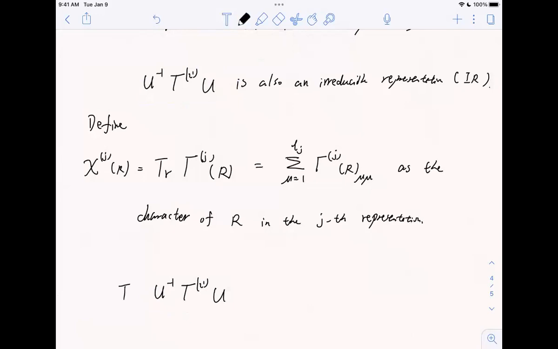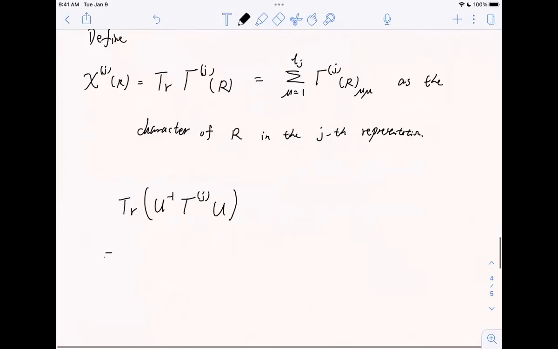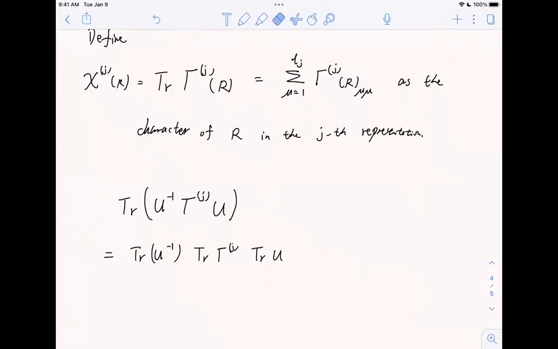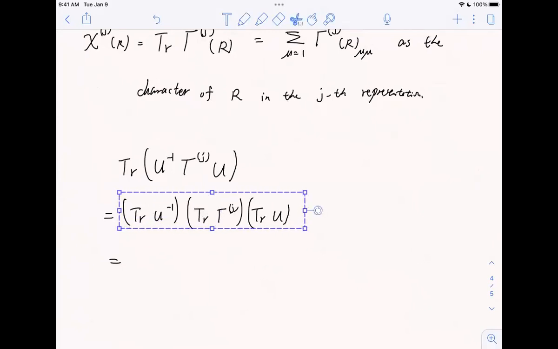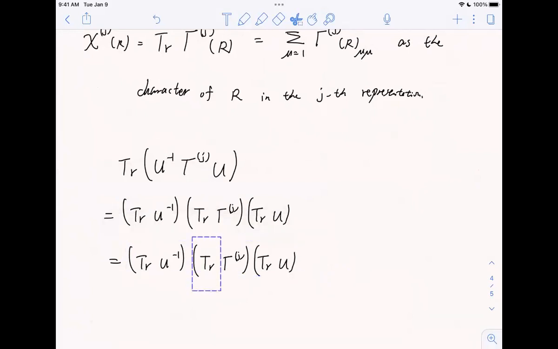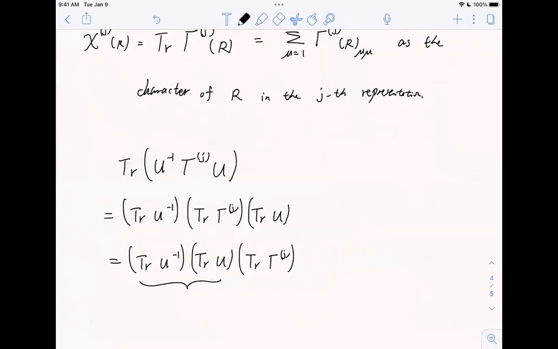You get the trace of the transformed matrix. By linear algebra, you'll find it is the product of the traces, and the two transformation factors cancel each other, being equal to 1.